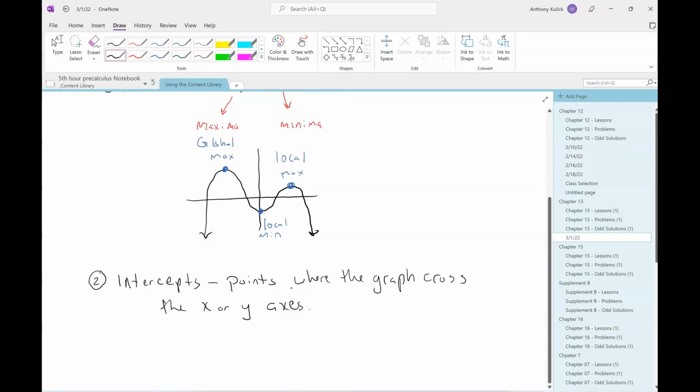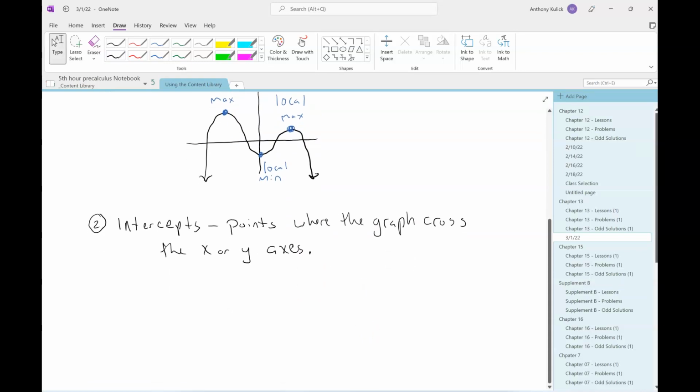And axes there is just the plural spelling of axis. You probably don't see that very often, so I didn't misspell the word axis there. Okay, so let's think about this for a moment. If we're talking about the graph of a polynomial, how many y-intercepts can the graph of a polynomial have?